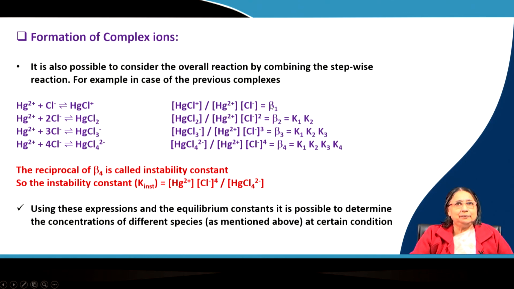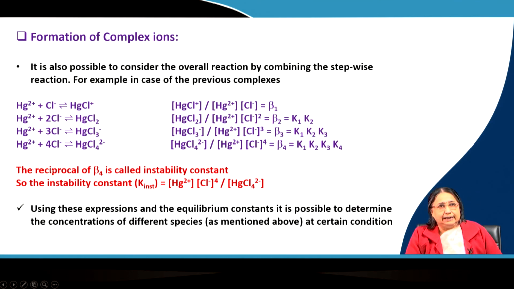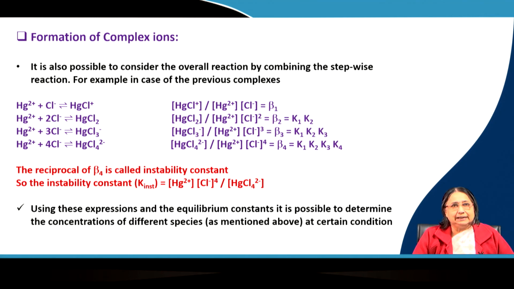In the previous case we wrote K1, K2 in this way; here it is the beta way because it is the formation constant, or stability constant. If we do the homework, we will see that beta 2 is nothing but K1 K2, beta 3 is K1 K2 K3, beta 4 is K1 K2 K3 K4.